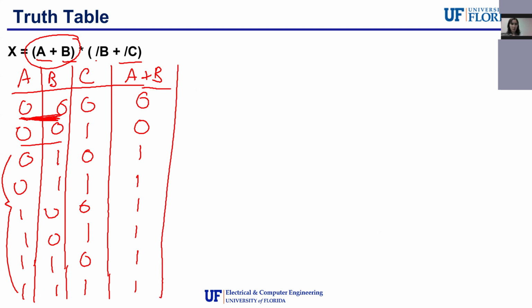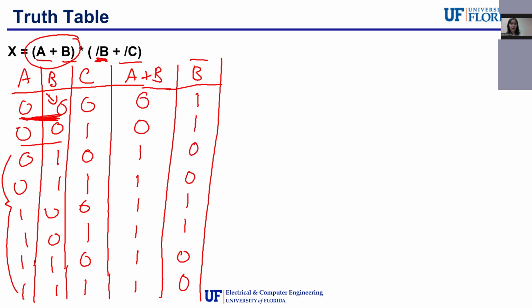And then when I see a not term here, I think it's easiest for me to write the not term as its own column in this table. I'm literally just going to be looking at this column and inverting whatever it says. So 1, 1, 0, 0, 1, 1, 0, 0. And you can use the pattern here.